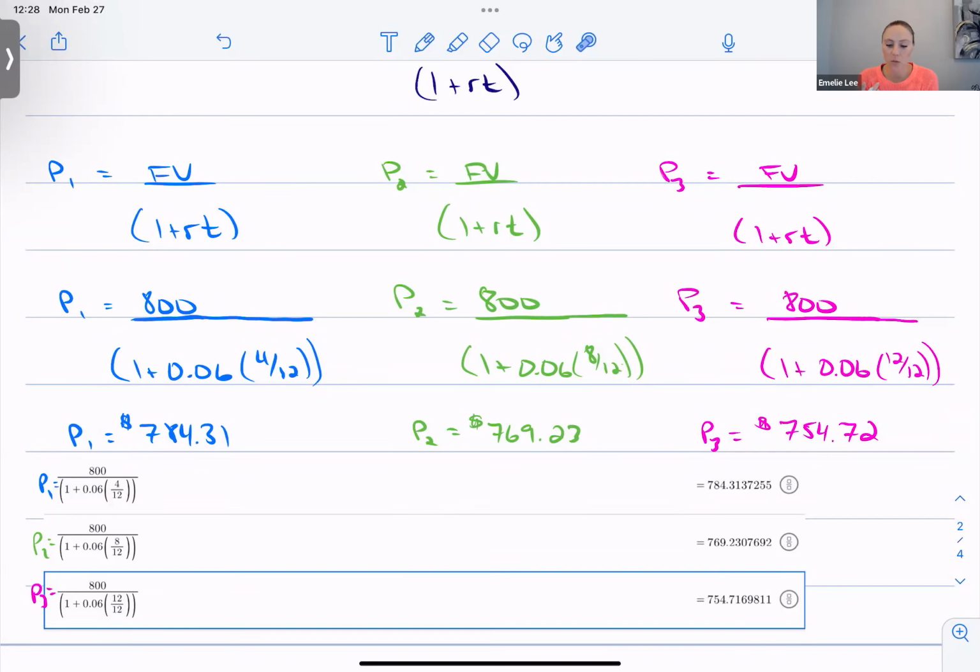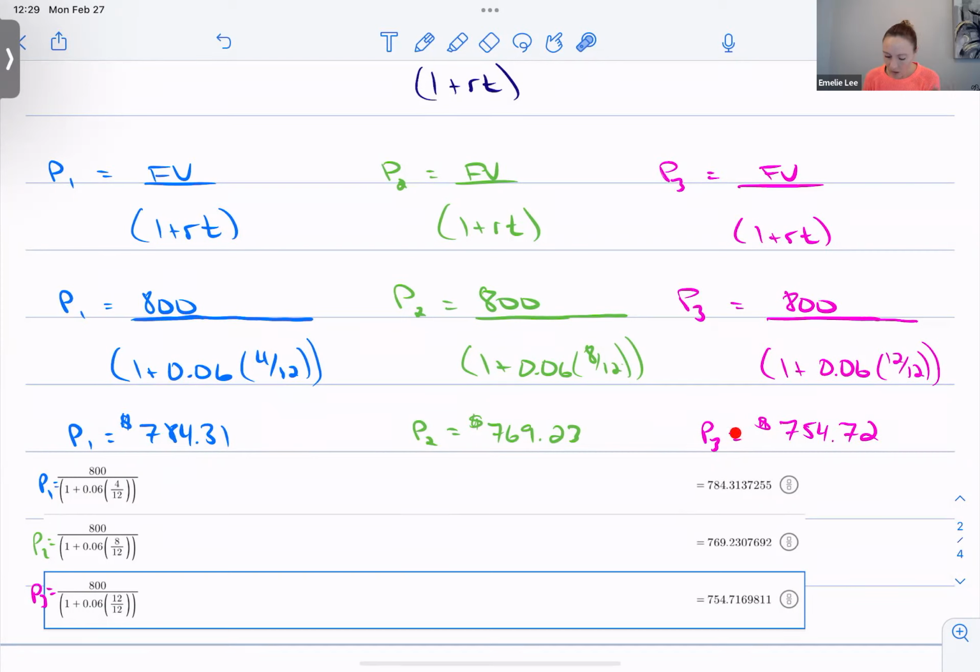So one thing that I want you to really start relying on is, if the future value is 800, I'm expecting my principal amount or my present value to be less than 800, right? They're not going to say, give us your $820, and then we'll give you 800 in 4 months. That's not how interest works, right? And so we're expecting all of these values to be less than $800, which they are.